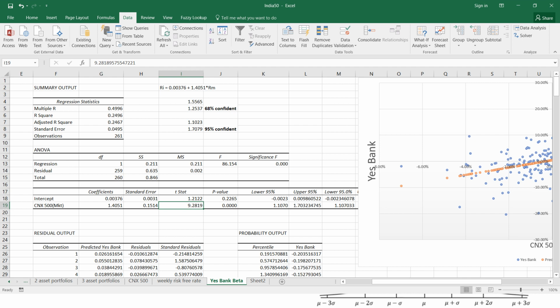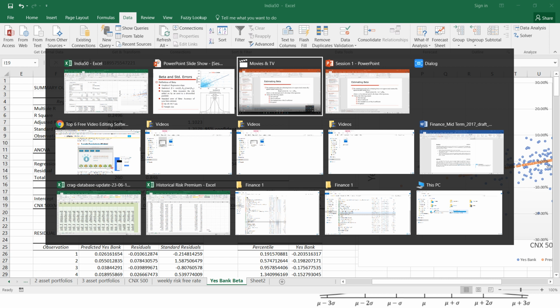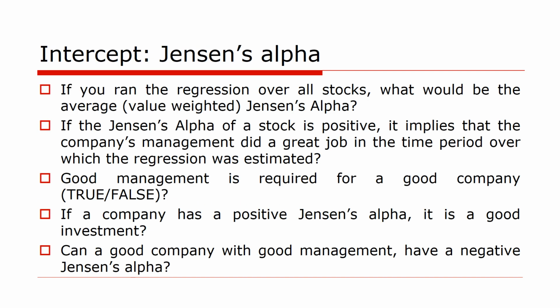And we are talking about weekly returns here, and you should find this to be true in most cases. Okay, so this is about beta and intercept. Standard errors of beta we have discussed.